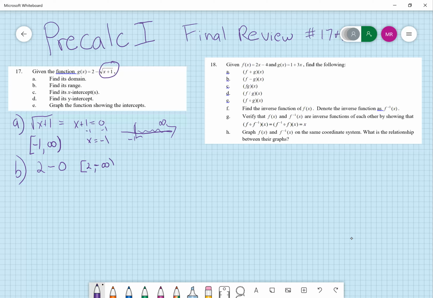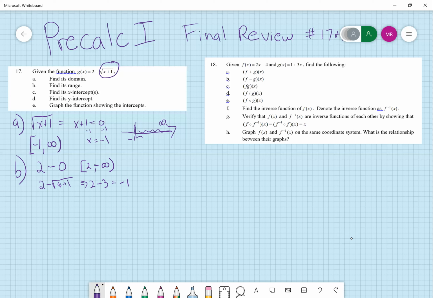Let's pick a random number and go from there. If we let x equal 8, we've got 2 minus the square root of 8 plus 1. Well, that is 9. So when we take the square root of that, we get 2 minus 3, and that gives us a negative number. Any number that we put in is going to result in 2 or below. And that's how we find our range.